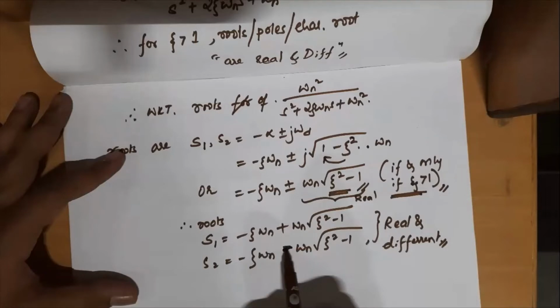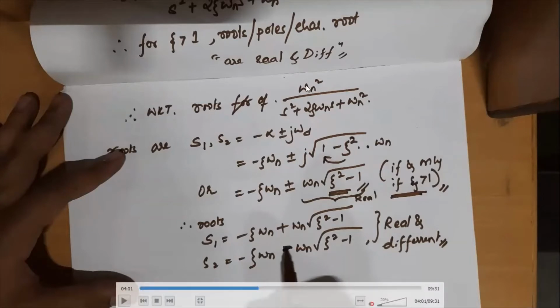So we are about to find the expression of c of t for zeta greater than 1. And we know that for zeta greater than 1, the roots are real and different. So what are those roots? If you write the generalized expression for those roots, we will end up with this expression. This was our previous derivation, in which if I substitute a value for zeta which is greater than 1, I am supposed to show that the imaginary parts will become a real value.